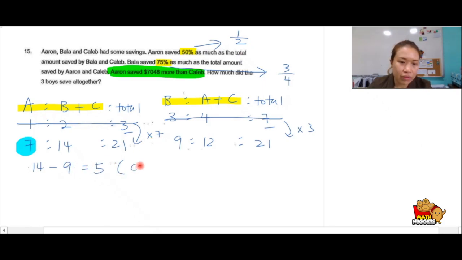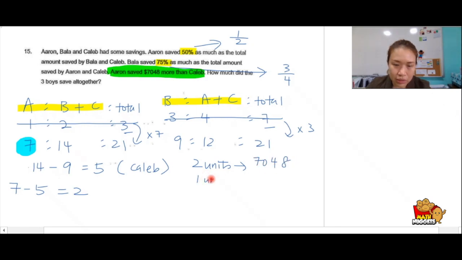I would get 5. This is Caleb. So Aaron minus Caleb is 2 units. So I know that 2 units is the difference between Aaron and Caleb, which is $7,048. So we can find 1 unit: $3,524.